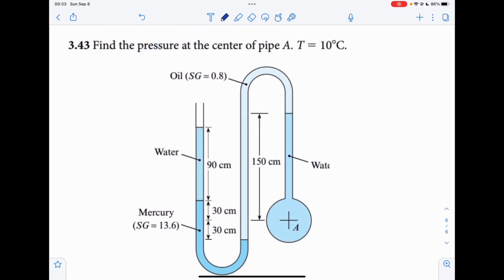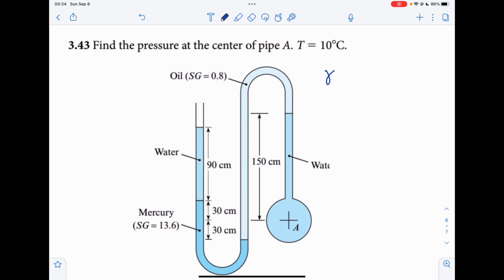For the last problem, 3.43, we have a temperature of 10 degrees Celsius. We have water here, mercury here, and oil as well. So first we're going to find the specific weight of all three liquids.